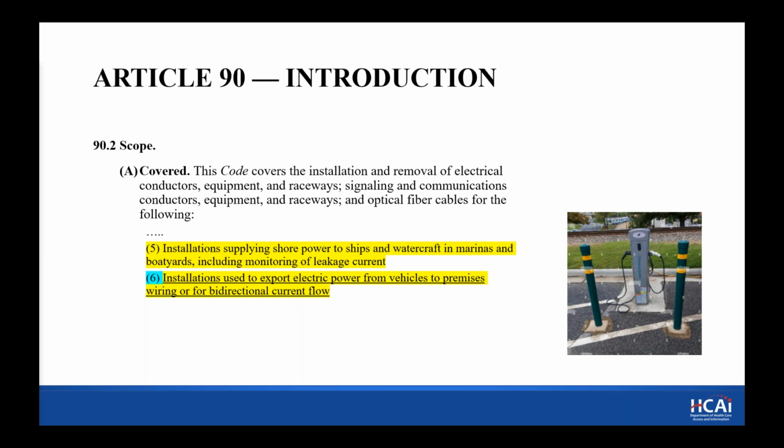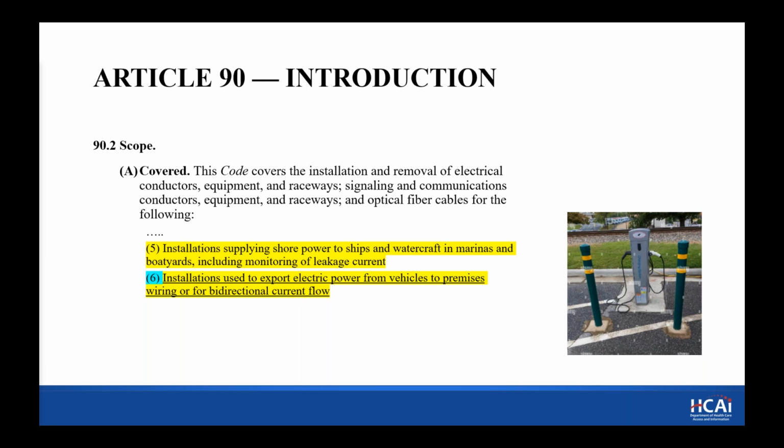Just as a reset of the table, in the beginning, in the same article, the purpose of the code and the purpose of our efforts to enforce the code is for practical safeguarding. So there's a disclaimer: the purpose of this code is the practical safeguarding of persons and property from hazards arising from the use of electricity.